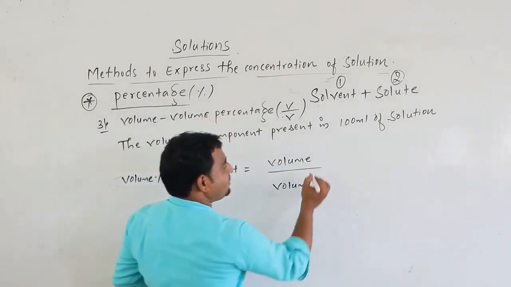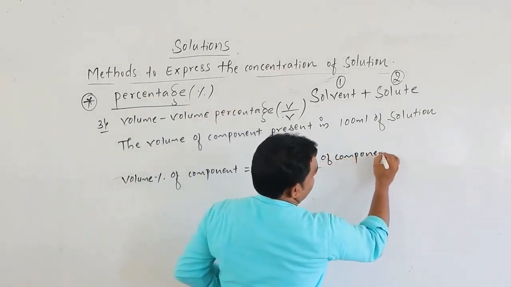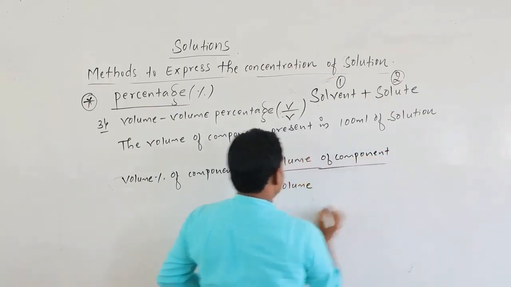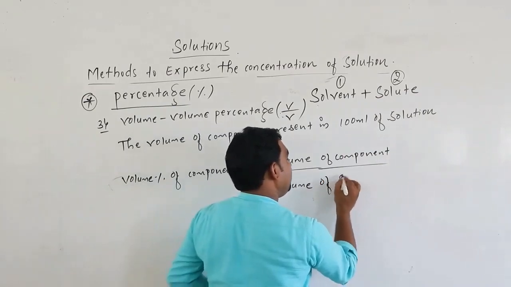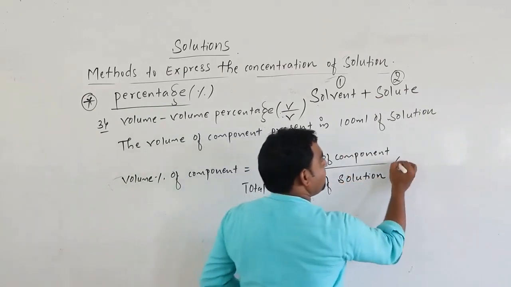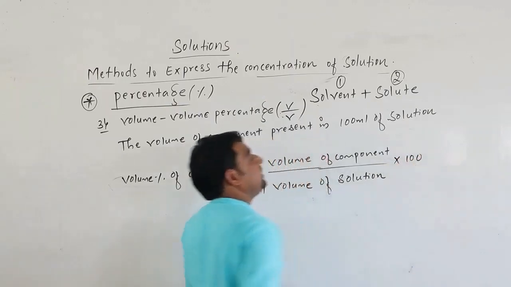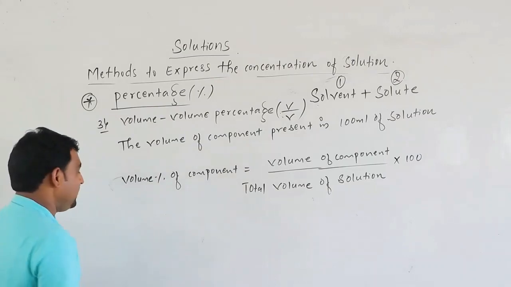Of one component, that is solute. Volume of component divided by total volume of the solution. If you want the percentage, we have to multiply by 100. This is a formula to calculate the volume percentage of the component.